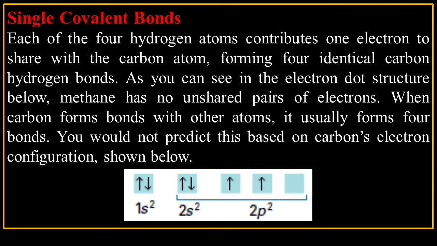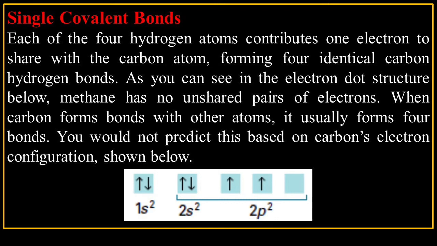Each of the 4 hydrogen atoms contributes 1 electron to share with the carbon atom, forming 4 identical carbon-hydrogen bonds. As you can see in the electron dot structure below, methane has no unshared pairs of electrons. When carbon forms bonds with other atoms, it usually forms 4 bonds.